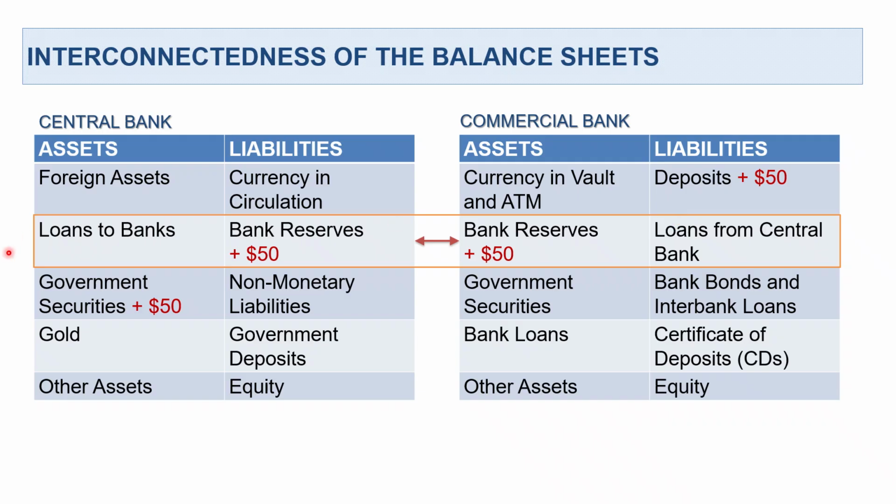At the same time, the balance sheets can also be interconnected through any loans that a central bank gives to commercial banks. So if it extends a loan to the commercial bank, it becomes an asset of the central bank. And that loan from the central bank shows up on the liability side of the commercial bank balance sheet.